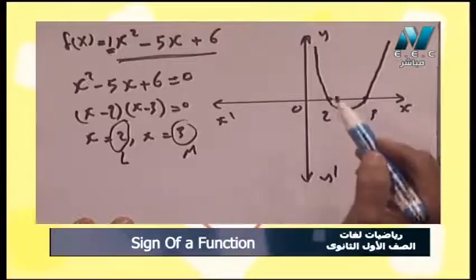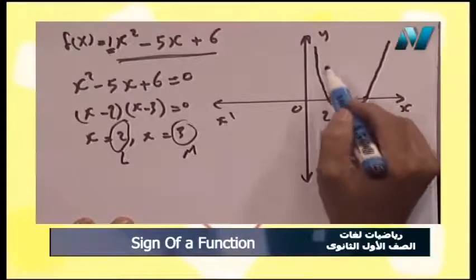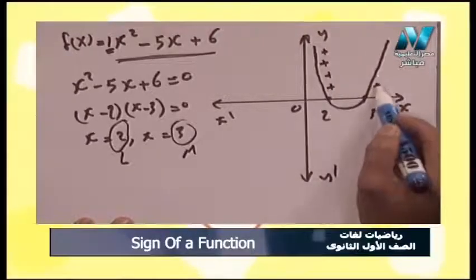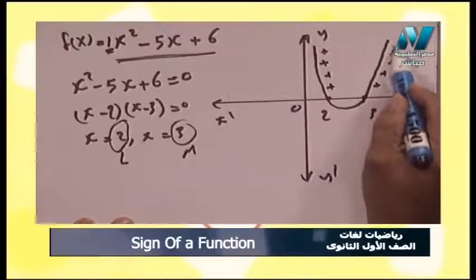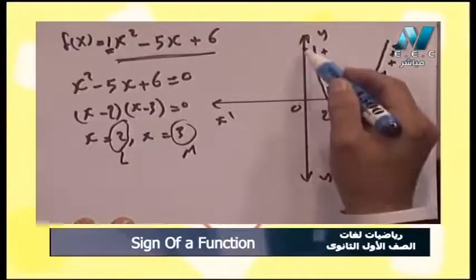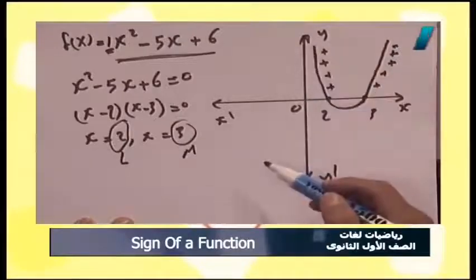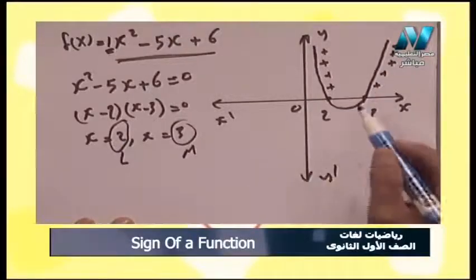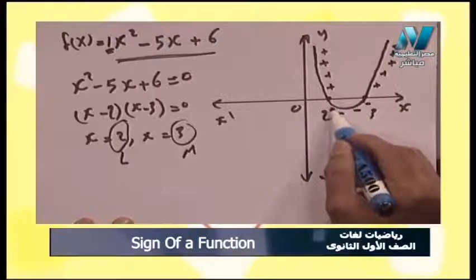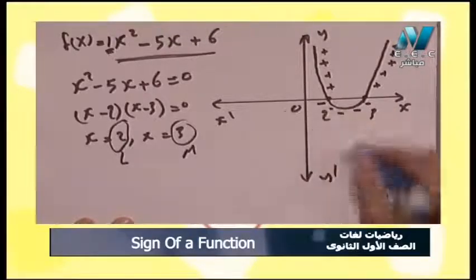So look carefully. This part is positive, and this one is positive here, because y is in this part. Y represents the quadratic function. And this part will be negative here, downward of the x-axis.